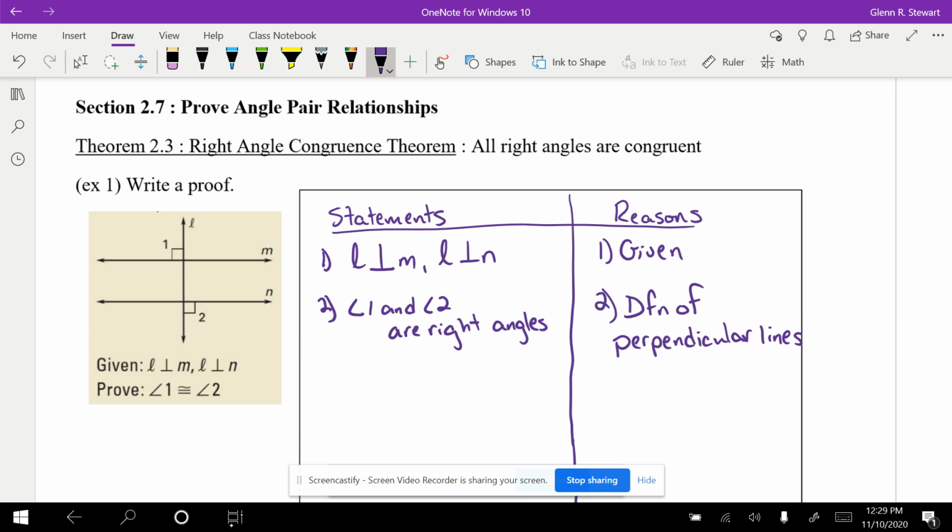From there, we can then state that angle 1 is congruent to angle 2 based off of the right angle congruence theorem.